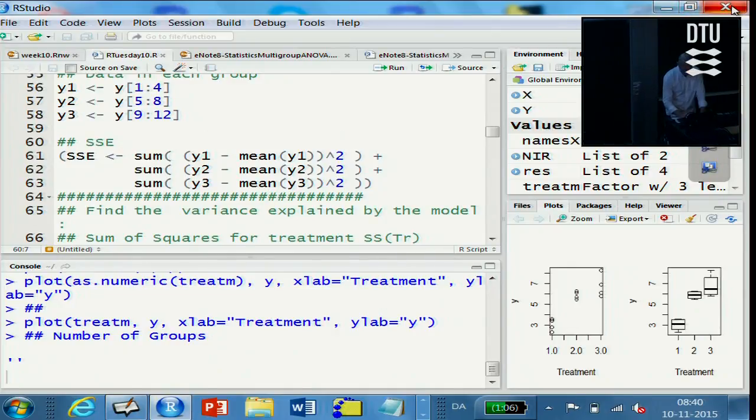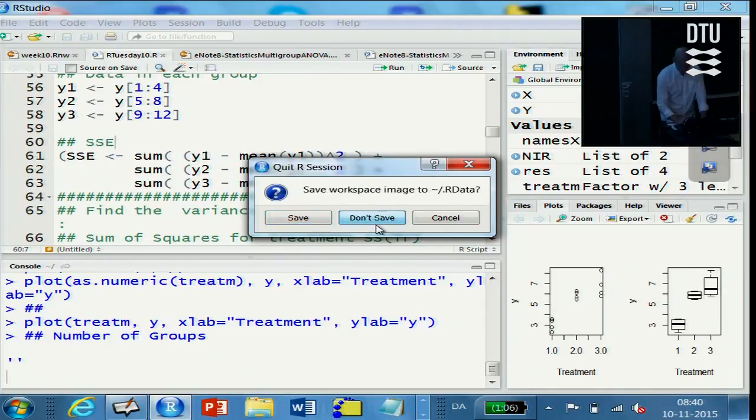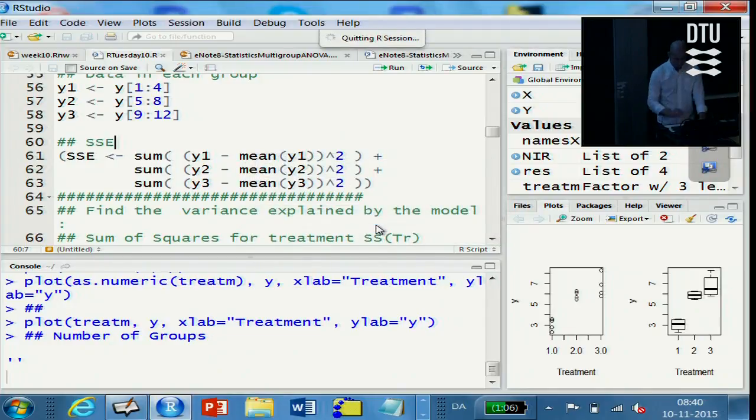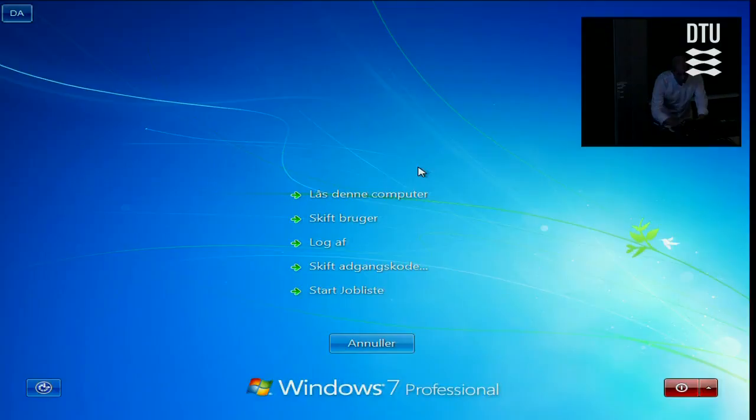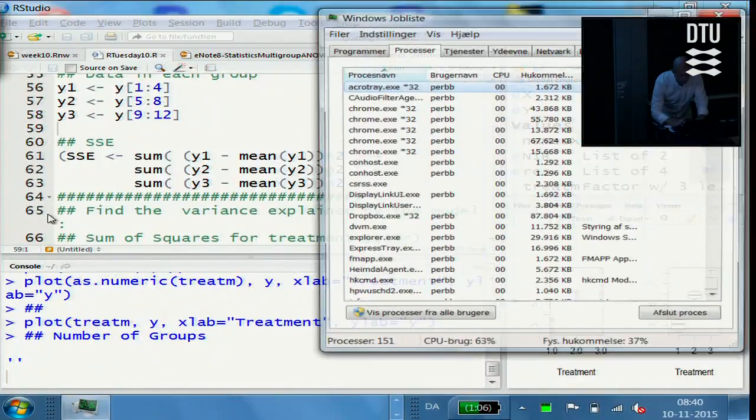I think the explanation is that when we sometimes jump between different systems, Unix-based, DOS systems, Windows systems, we tend to have some ASCII coding problems sometimes. I think that's what's hitting me. Or my computer's just getting tired.